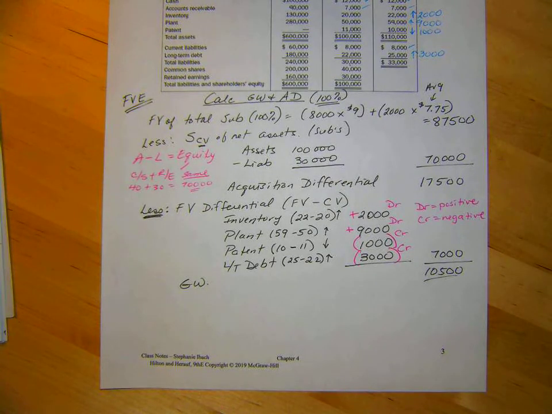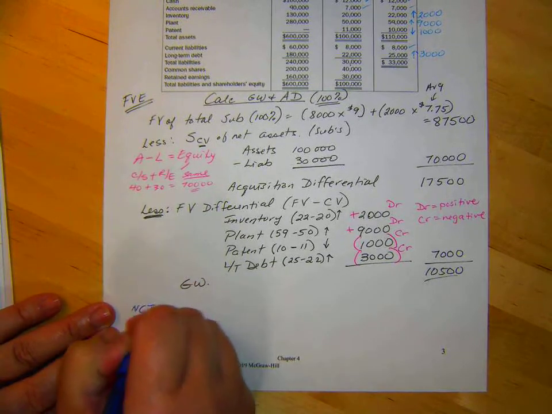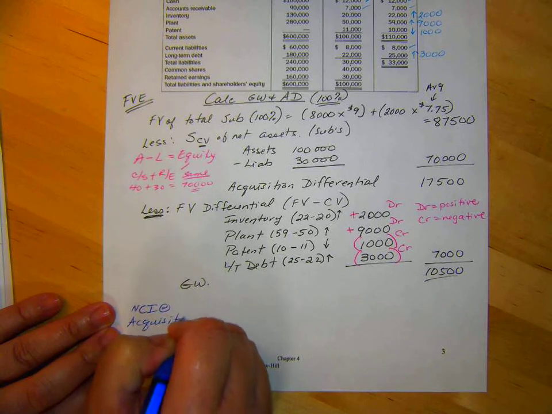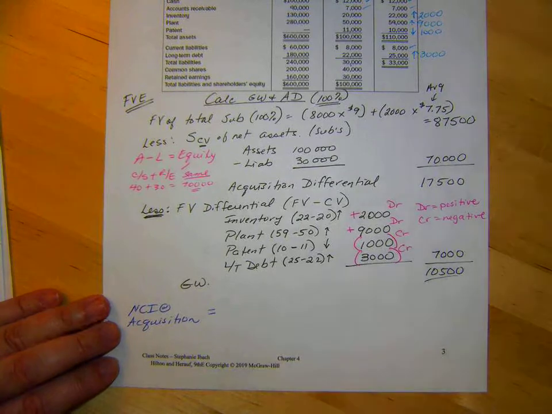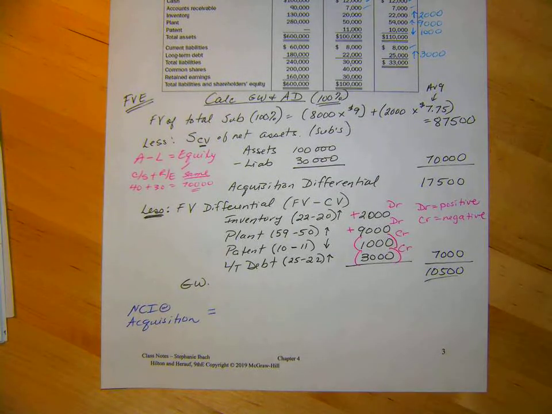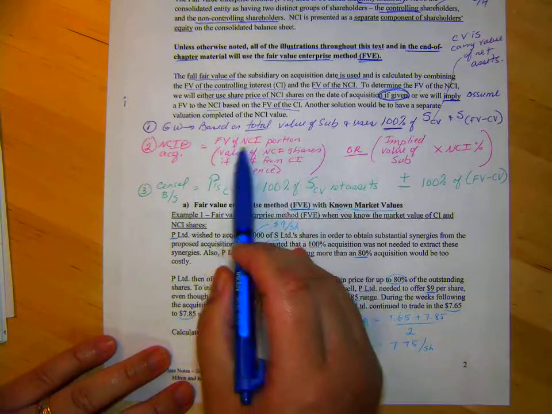So after AD and goodwill, the second thing we have to calculate, my goodness, is NCI. So NCI at acquisition. Now, I'm going to flip back here to page 2. Fair value of NCI portion.